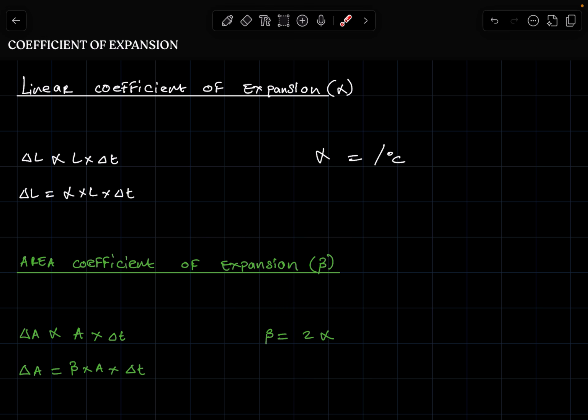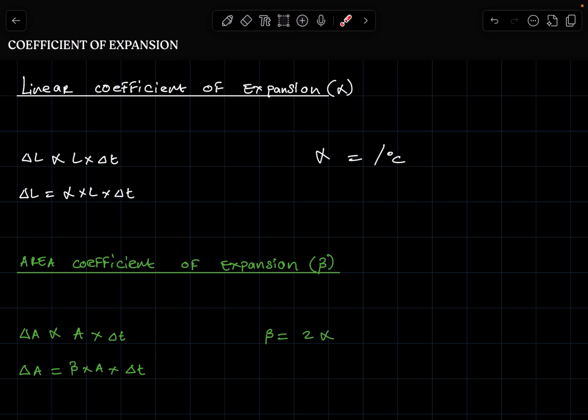So essentially we replace the proportionality sign with this constant, which is known for linear expansion as the linear coefficient of expansion, which is this symbol here. This here is essentially its unit of measurement. It is in per degrees.